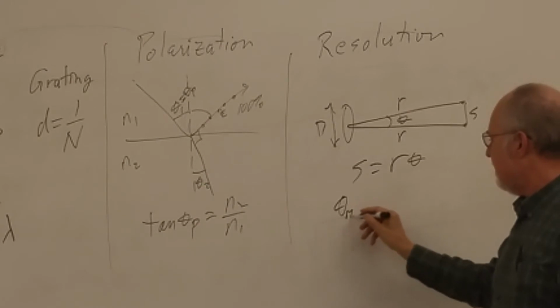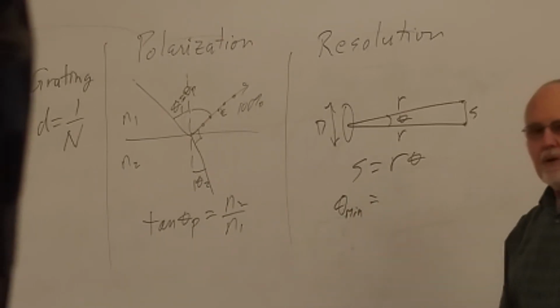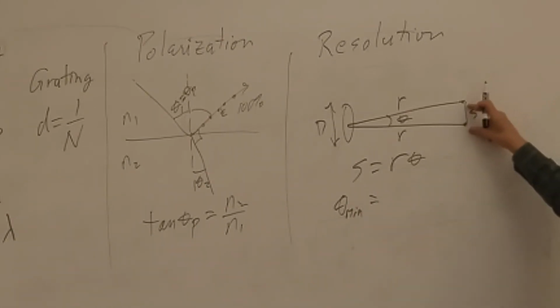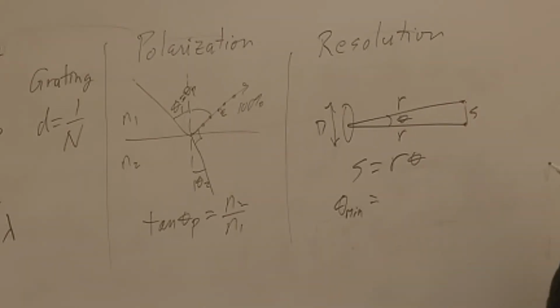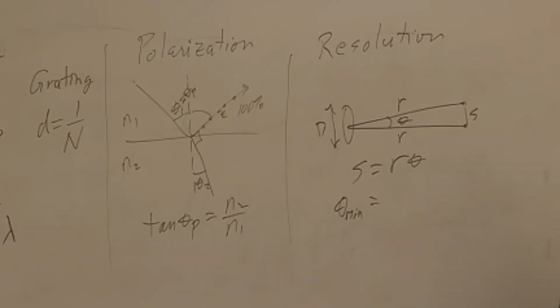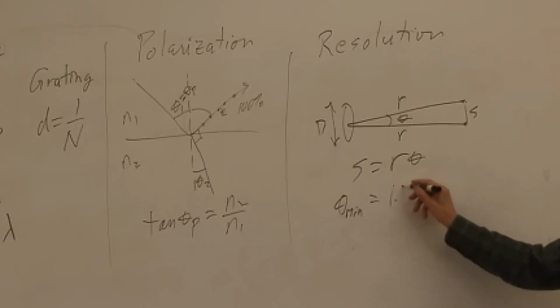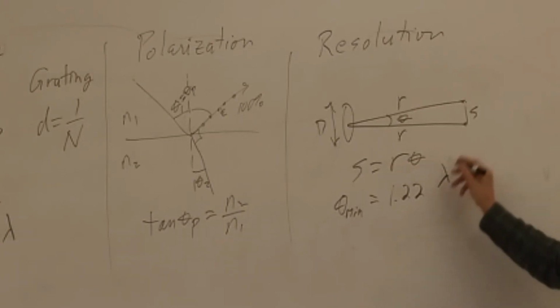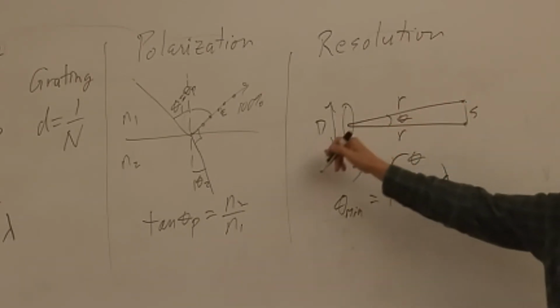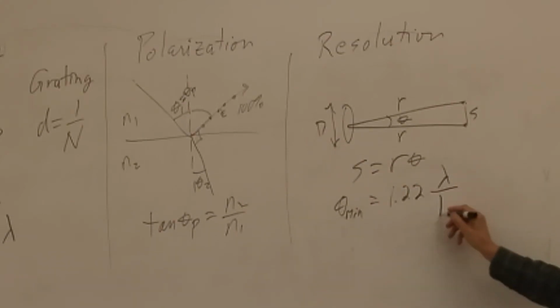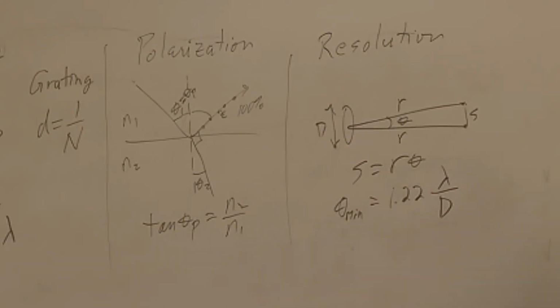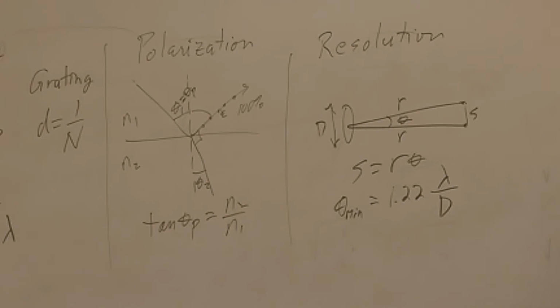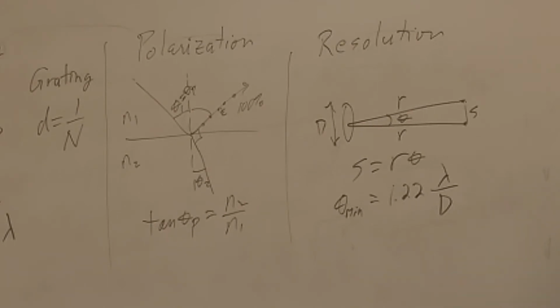But that minimum angle, in order to resolve these 2 points, so you can actually see them as 2 separate points, is equal to 1.22 times the wavelength of light coming from these to your opening, divided by the diameter of the opening. So that's our resolution equation there.